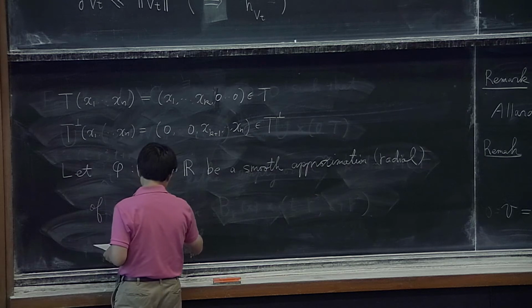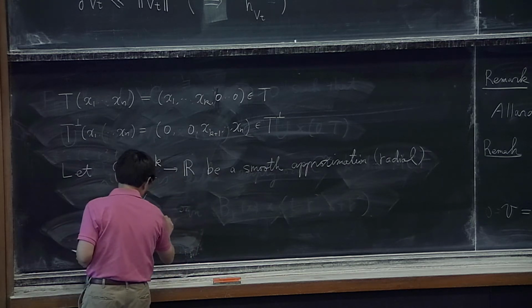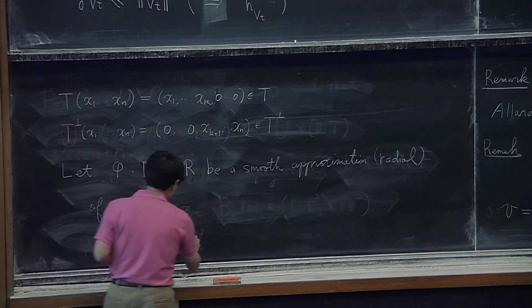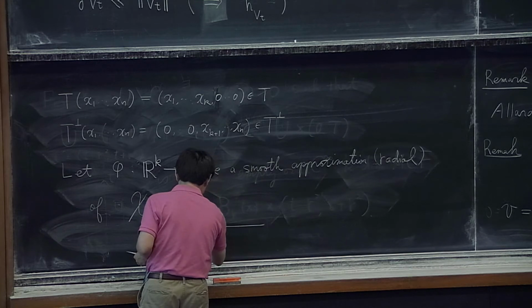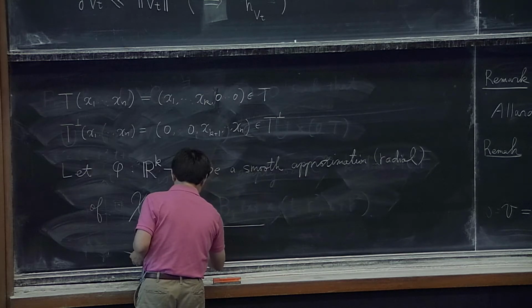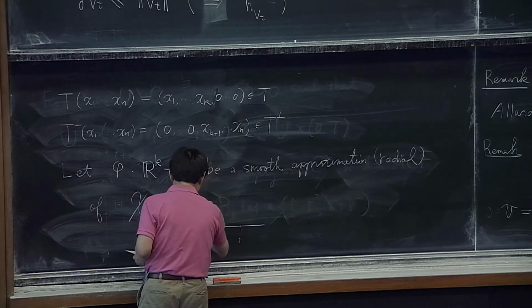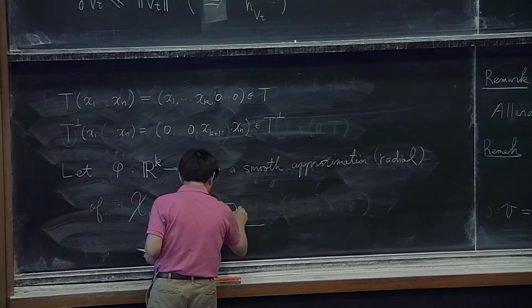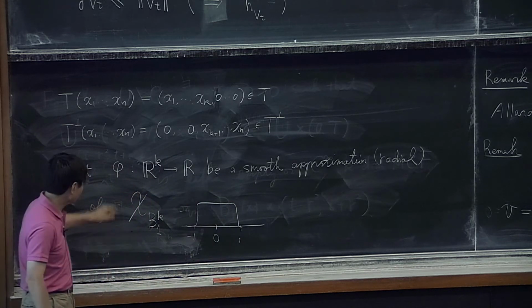This is k-dimensional, from -1 to 1. So it's just some kind of smooth approximation of the characteristic function of the ball of radius 1.